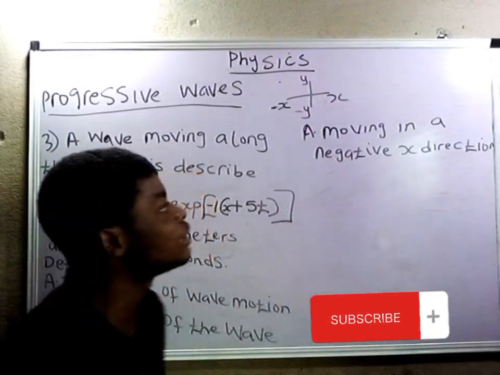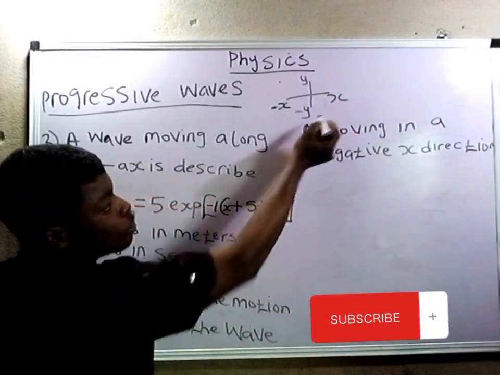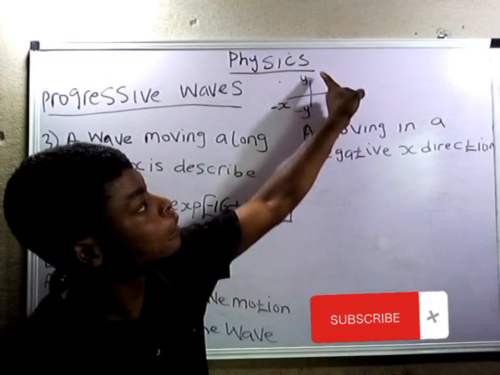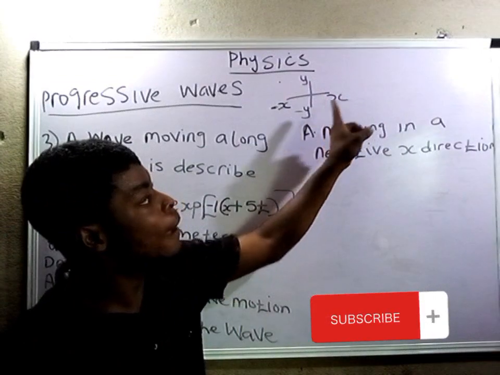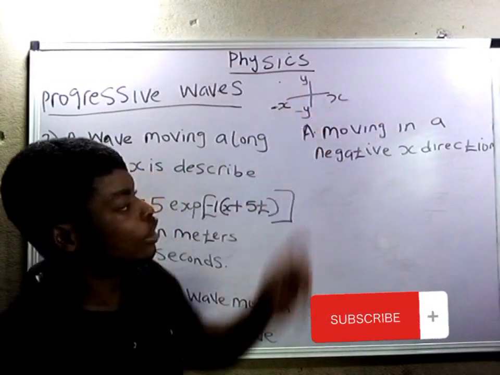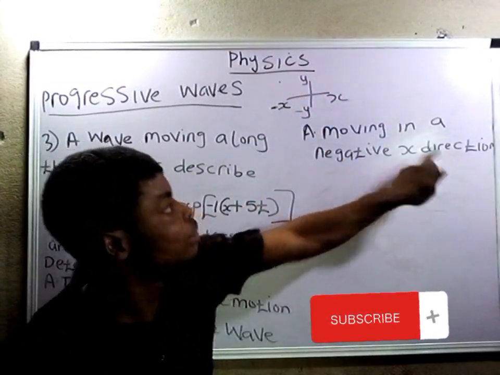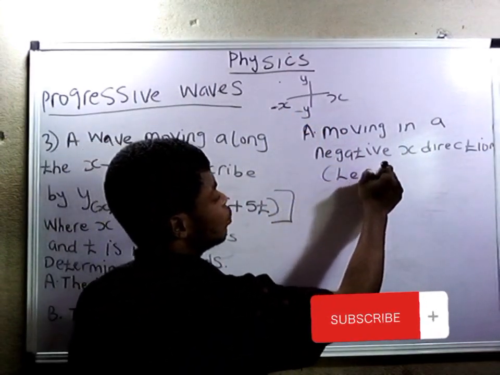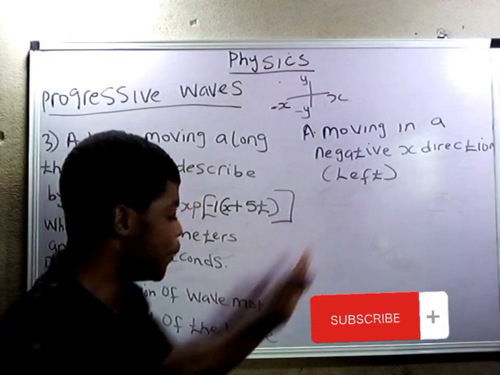So it can be deduced that this wave is moving this way, because according to your graph, in its axis, positive y, negative y, positive x, negative x, the wave is moving in the negative direction of x, which is this way. So it's moving to the left. So that's the answer to A.